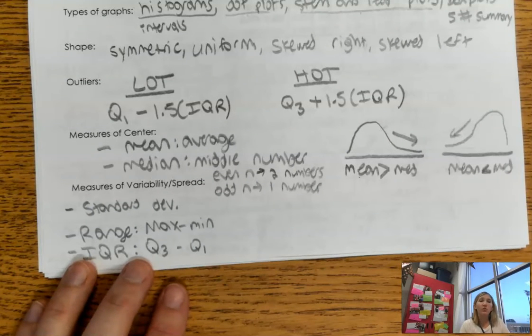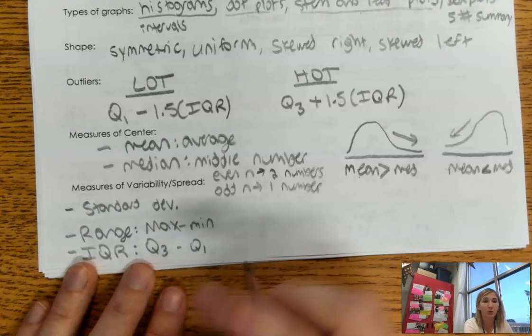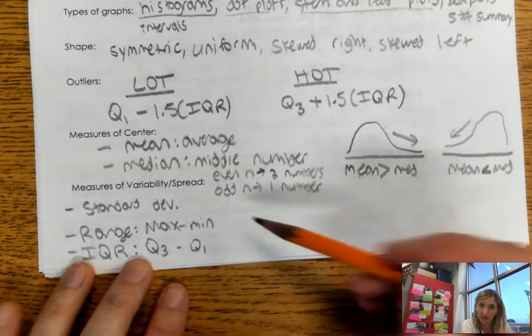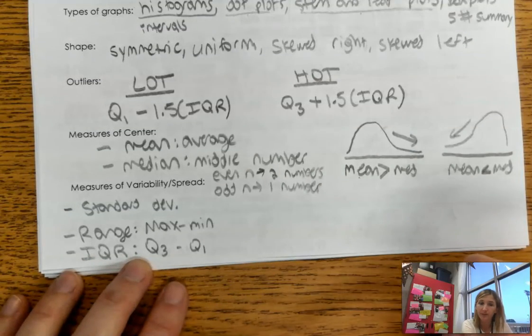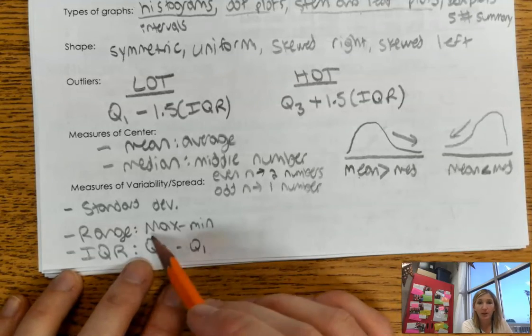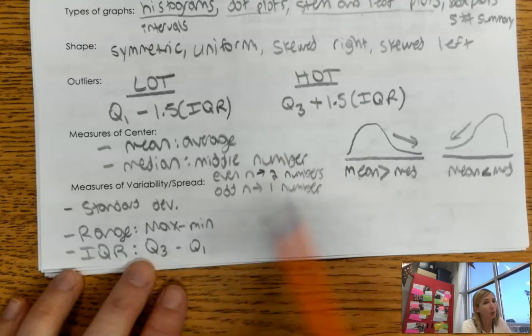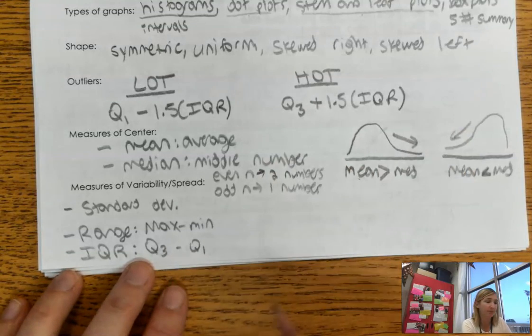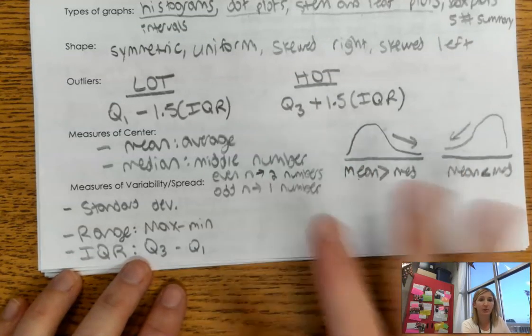Which one is more susceptible to outliers and skewness? Between the two, if I have outliers and skewness, which one's going to be crazier, the range or the IQR? I hope you said the range. The IQR would be more reliable if we had outliers and skewness in our data set. All right, that's it. Let me know what questions you have.